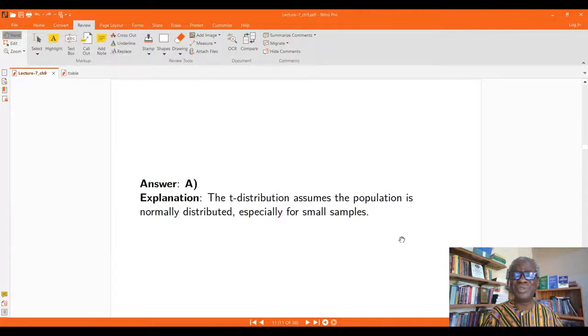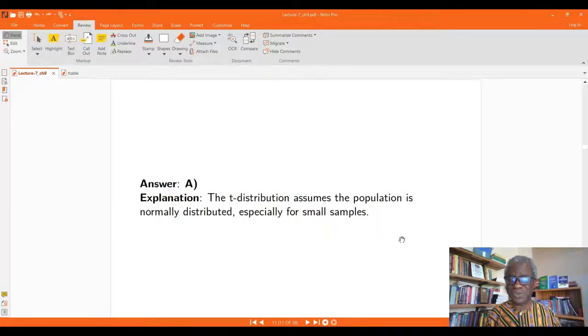The t-distribution assumes that the underlying population is normally distributed, especially for small samples. There are two conditions. The second condition is that the population standard deviation is unknown, not known.